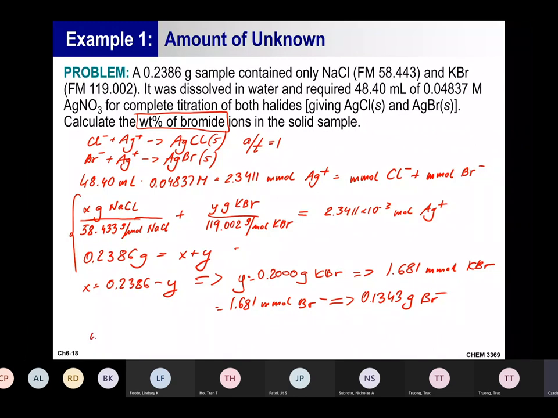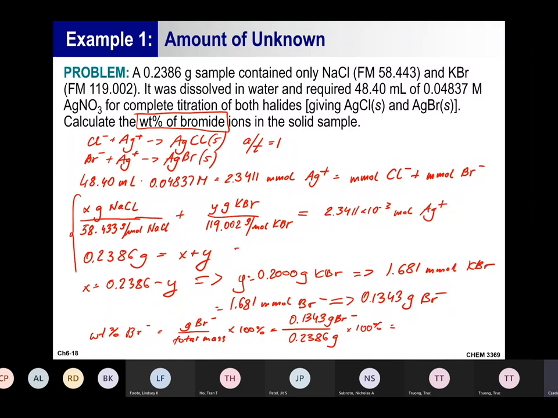So now the weight percent of Br minus is grams Br minus divided by the total mass multiplied by 100%. So I just calculated the grams of Br minus, 0.1343 grams Br minus divided by the total mass, 0.2386 grams times 100%.